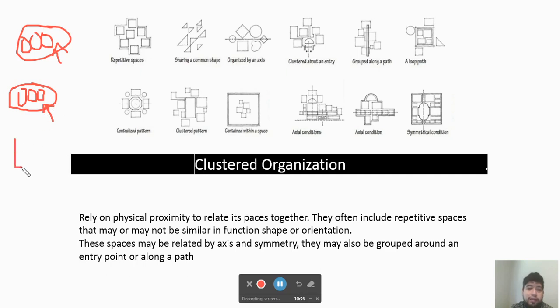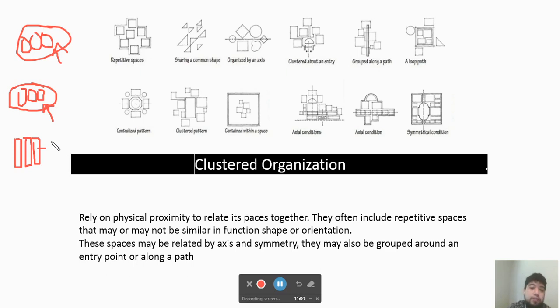And you can have rectangles, which in a library can mean bookshelf areas, right? So you start getting your different functions, your different needs of the spaces, the different needs of orientation, the different things that are going to be happening, and you can start clustering them or combining them into something.